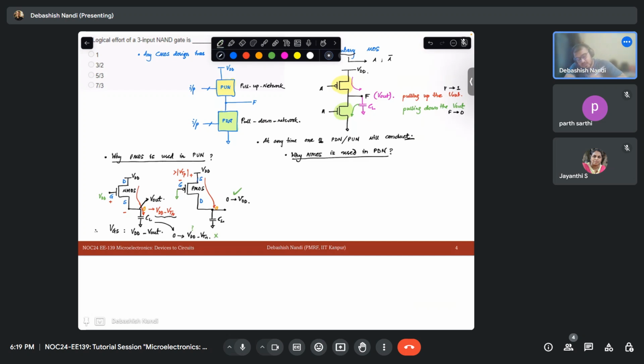Why? Because you want, this is your 0 volt, this is your VDD, right? So when you draw your inverter, if you keep your PMOS, what was the region? This was your VTC, right? Something like this. So it will just not be entirely at your VDD.